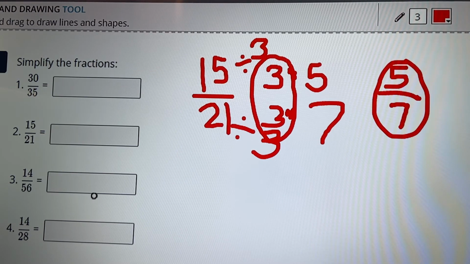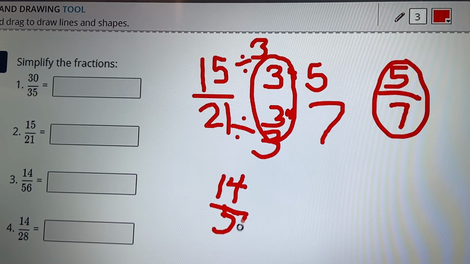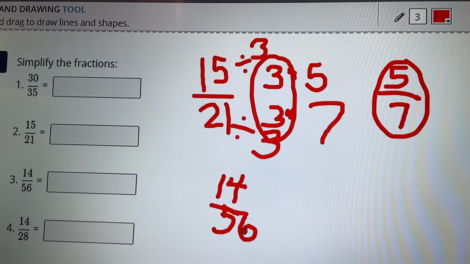One more. 14 divided by 56, or 14 over 56. This one's a little tougher. Okay, 56. Let me think about what numbers go into 56 and what numbers go into 14. They're both even, so 2 will go into both of them.